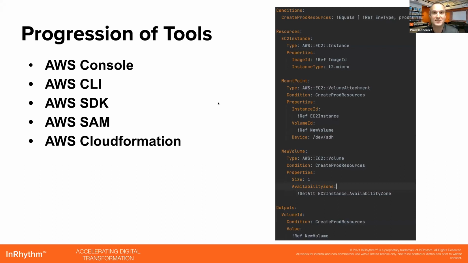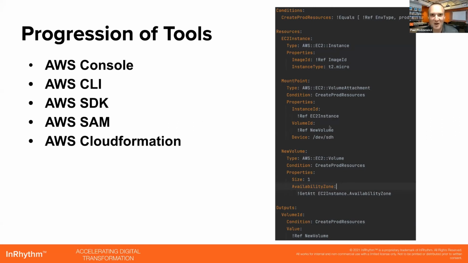This is the fundamental way infrastructure is provisioned with code. When you try and define your resources with infrastructure as code, you can see on the right-hand side here, this is a YAML example. Yes, you can have parameters and you can have conditionals. This might be overwhelming if you've never seen this before, but it's not pretty.